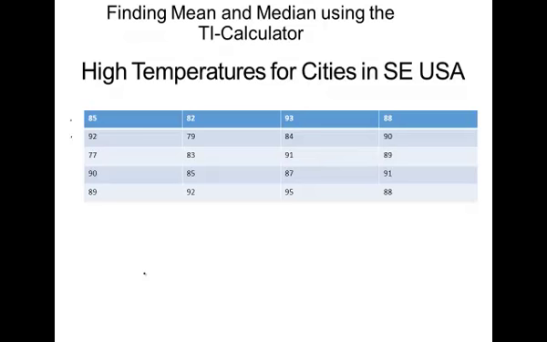That's right, we would have to count how many there are. There's 5 times 4 is 20 values, so we would have to divide by 20, which is the number of values. Okay, so go ahead and do that. You can pause the video and then come back.